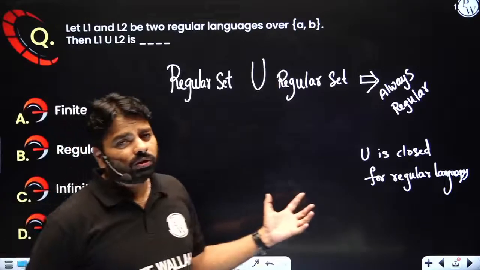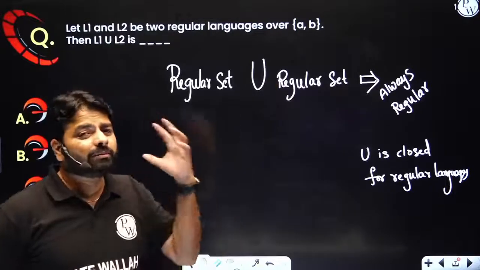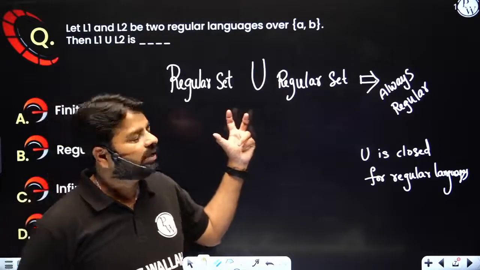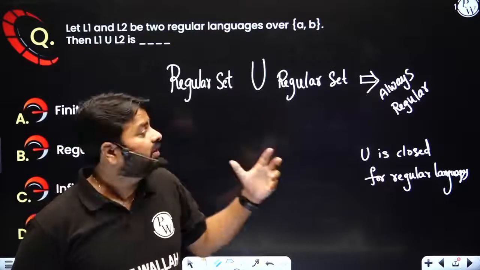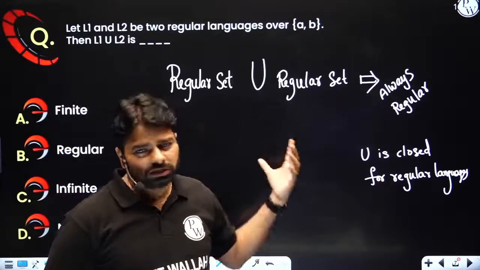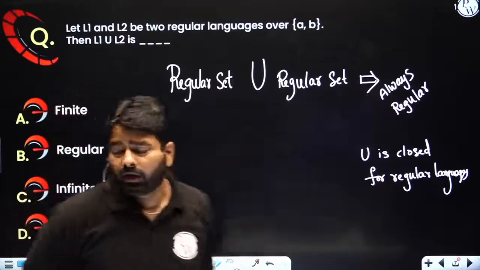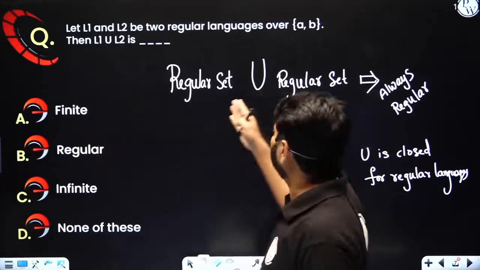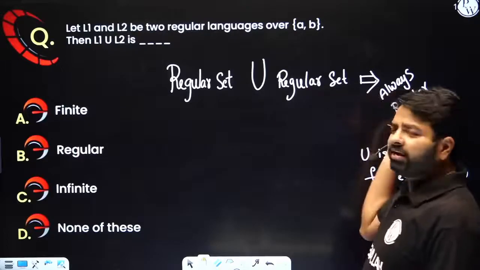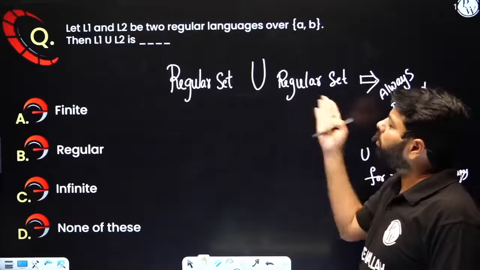How do you think about the possible or predictable GATE questions? Regular union finite, regular union infinite, or what else will you have? Non-regular union non-regular. So these are the things we are going to look at. Anyhow, let's conclude the options. Finite may or may not, because regular union regular result may be finite or infinite. That depends on which regulars you take.